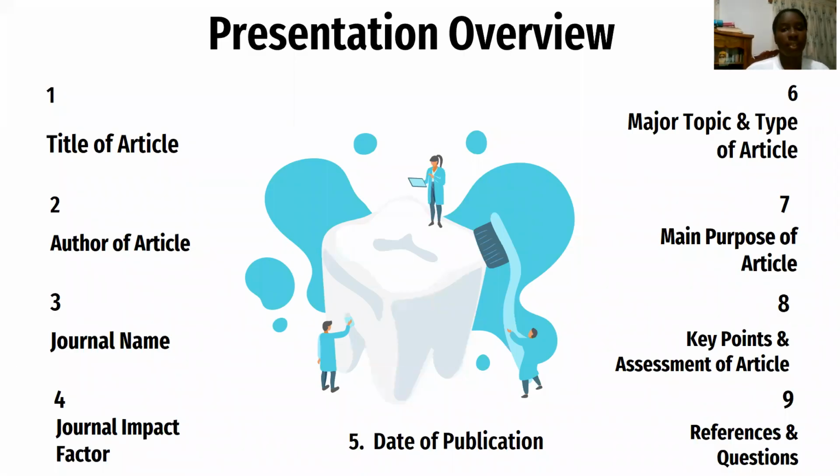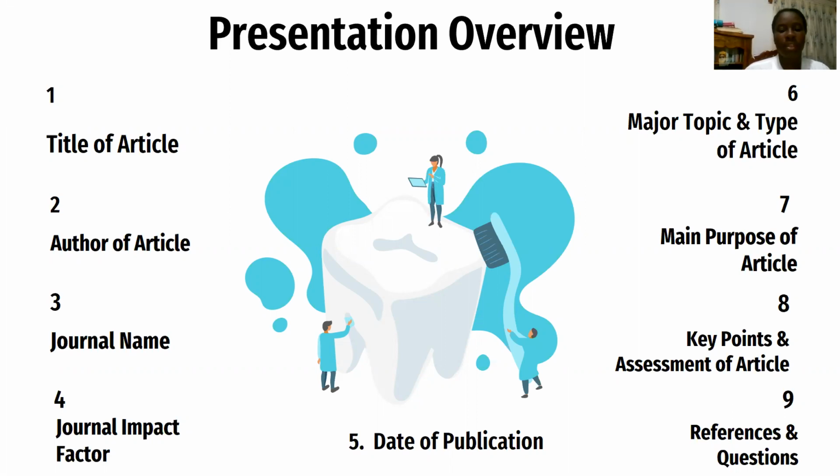The following details will be discussed during the presentation. The title of the article, as well as the author of the article, will be mentioned and addressed. The journal in which the article is cited will also be stated, as well as the journal's impact factor.